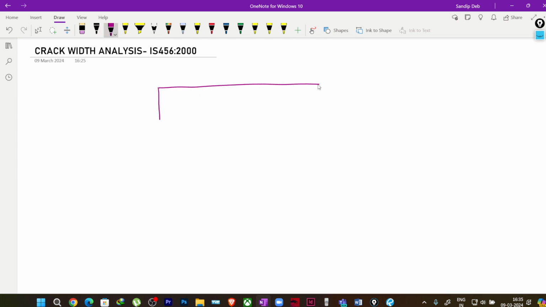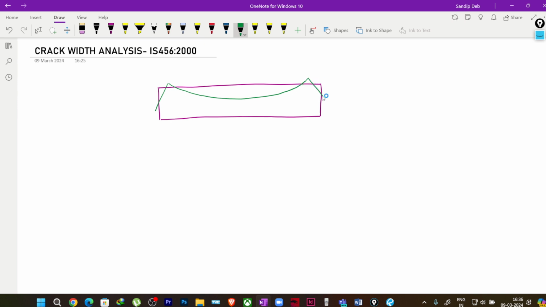Suppose this is my beam. The crack width formula that is given in IS 456 is for the cracks which are coming in a member due to the tension generated by the bending of the member.